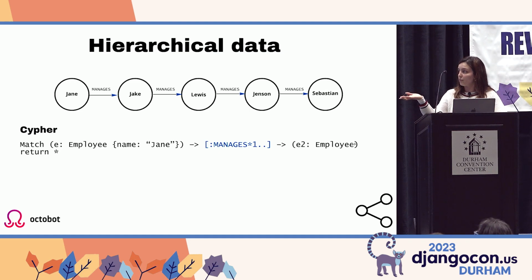So for example, if we have this database, where the labels are employee and the relationships are managed, and we wanted to know all the people that Shane managed, we can know this with this simple query without adding the maximum length of the path. The result of the query will be the same graph as here, but if we put, for example, a 3, it will be from Shane to Jason because there will be 3 relationships between them.